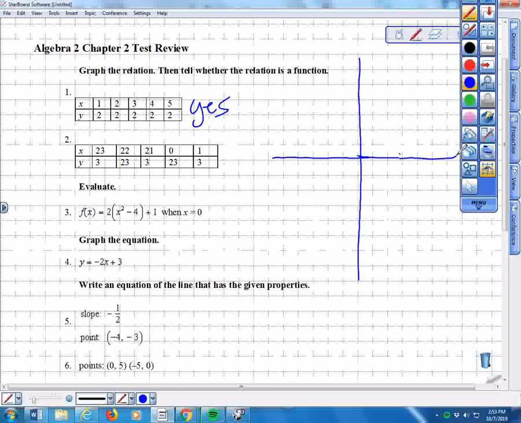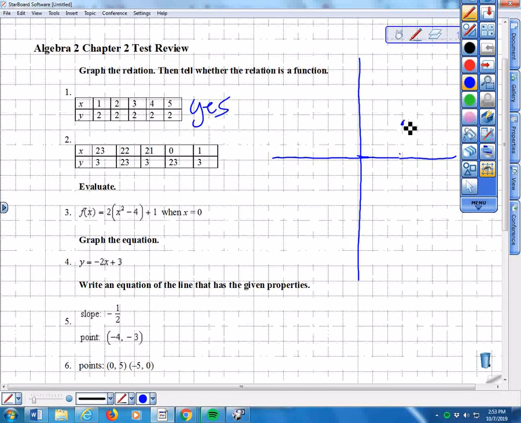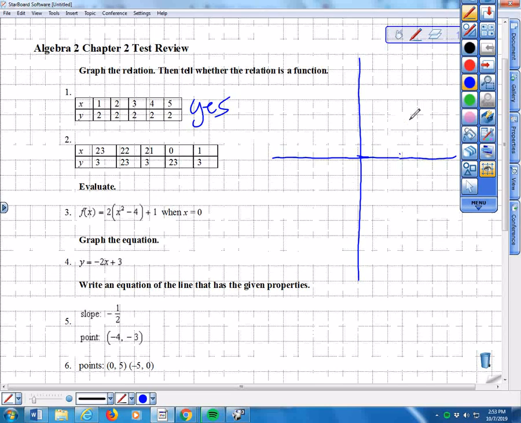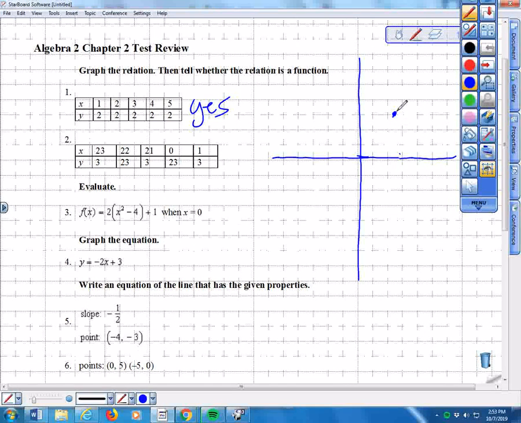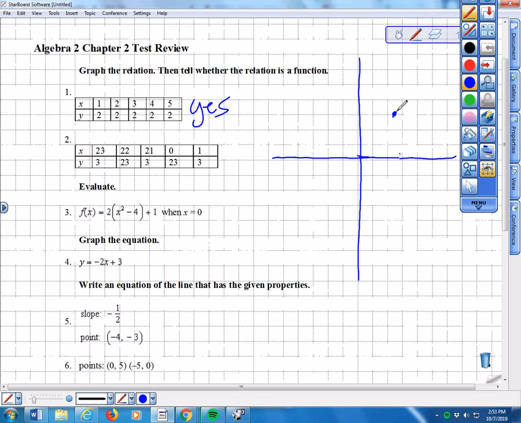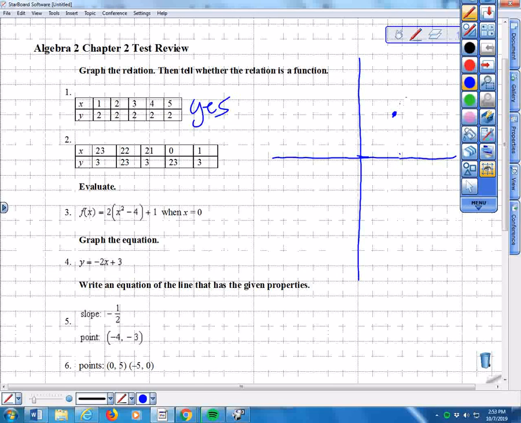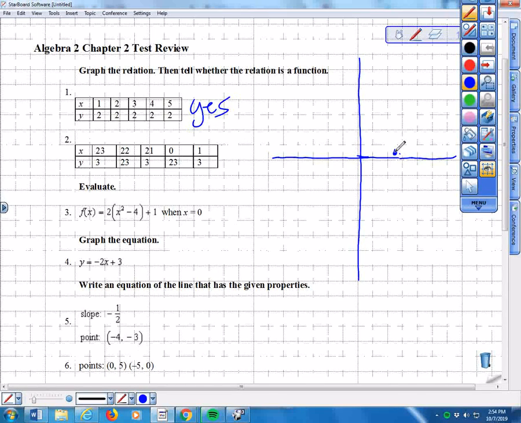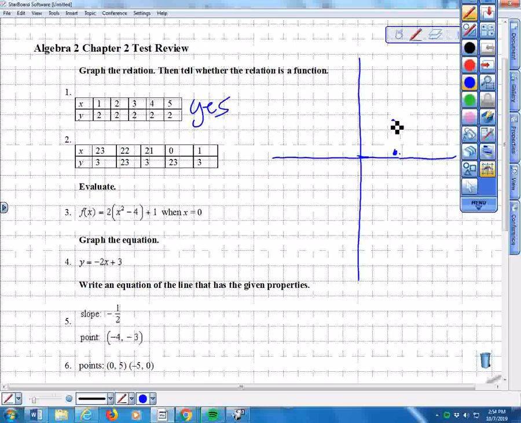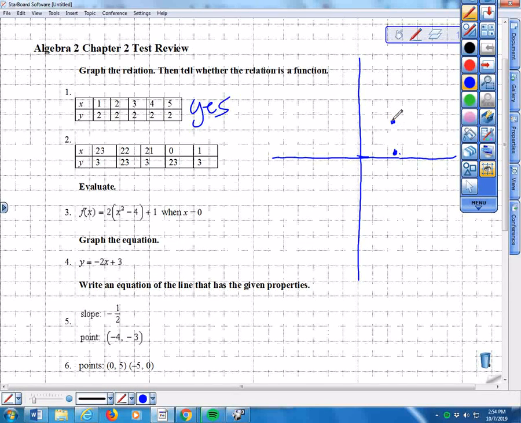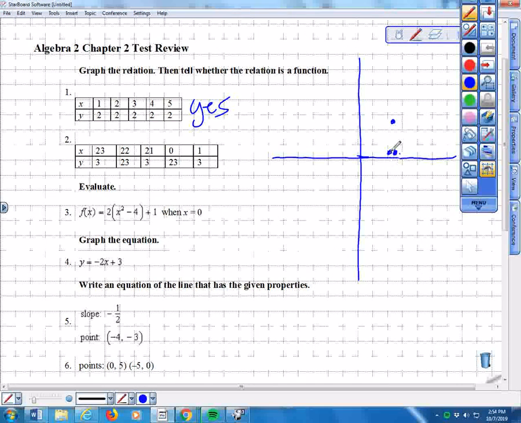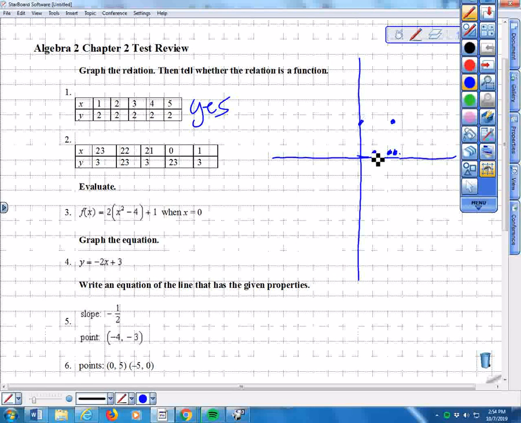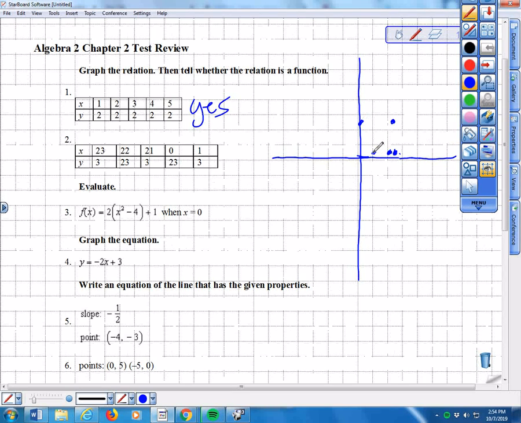Then I plot the points: 3 and 23, 22 and 3, 21 and 3, 0 and 23, and 1 and 3. Function? Yes. That was painful, but yes, this is a function.